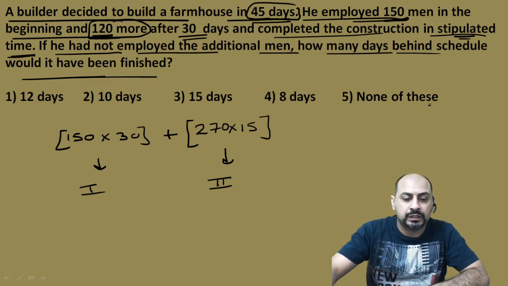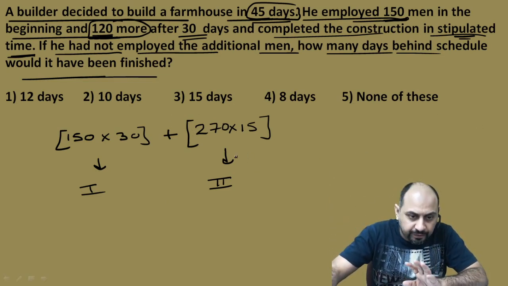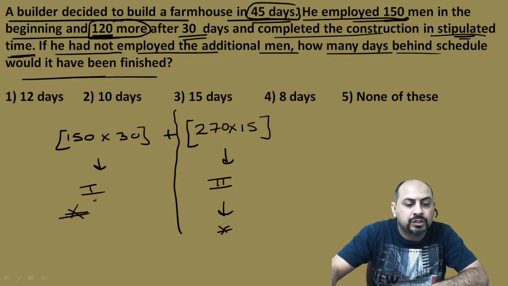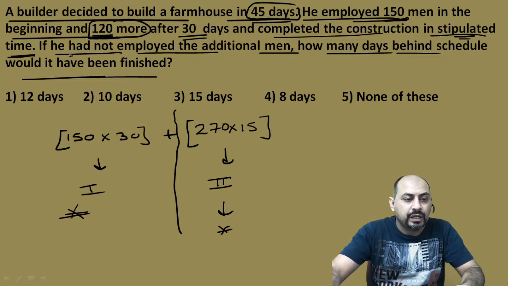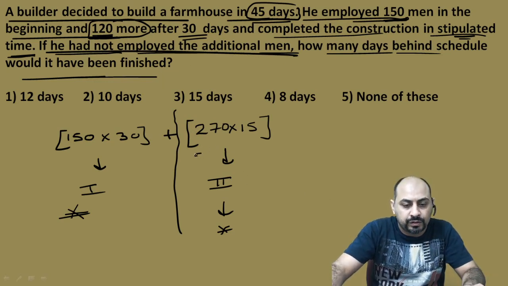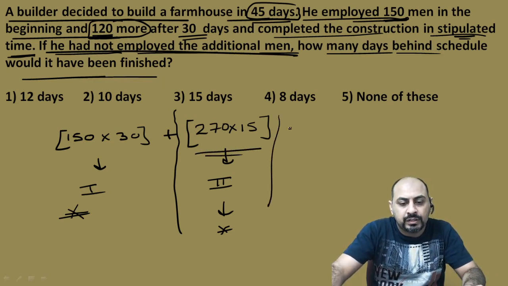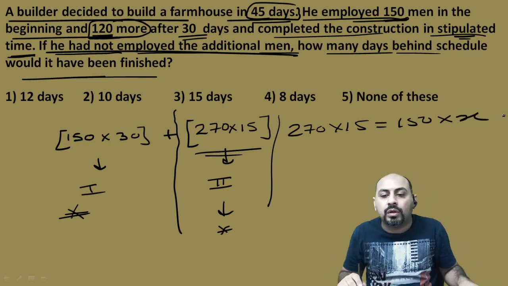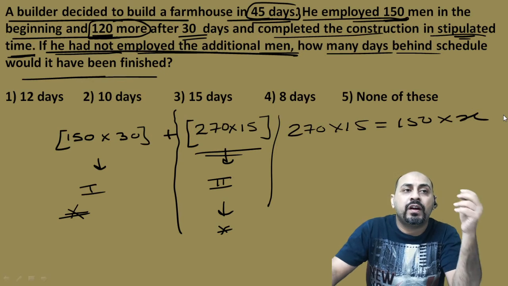Now the question says that in the second half, the question has nothing to do with the first half. The question is saying, if he had not employed the additional men, so this part of the work, what he is trying to say is that if this part of the work was to be done by only 150 men, not more, how many more days would it have taken?